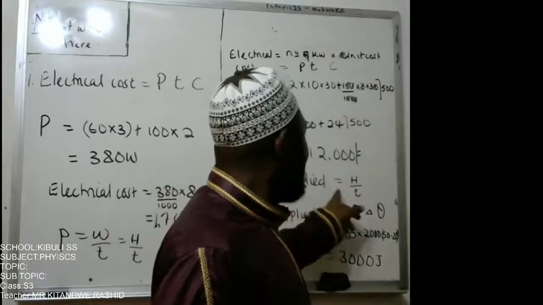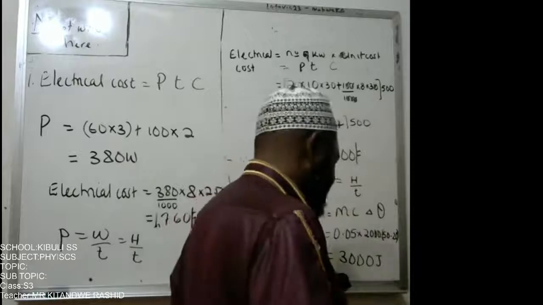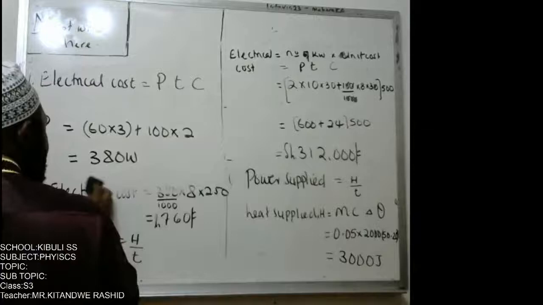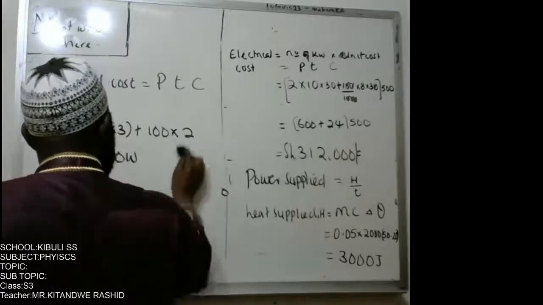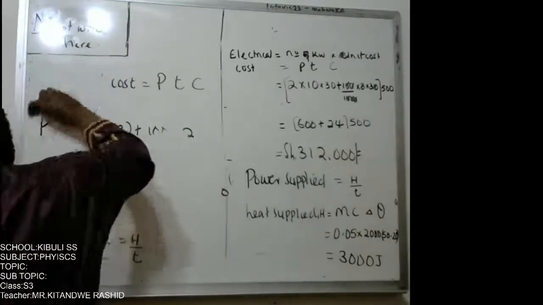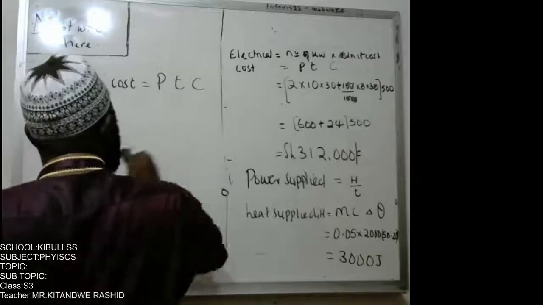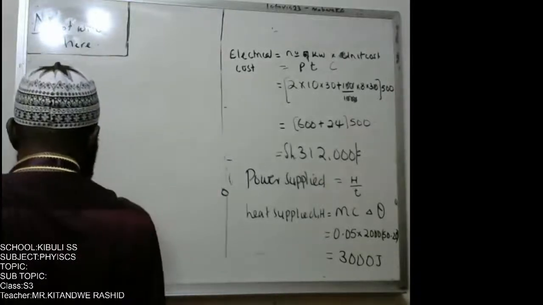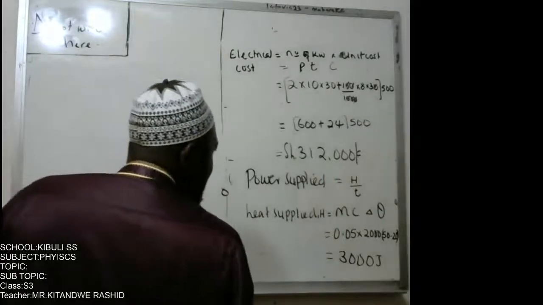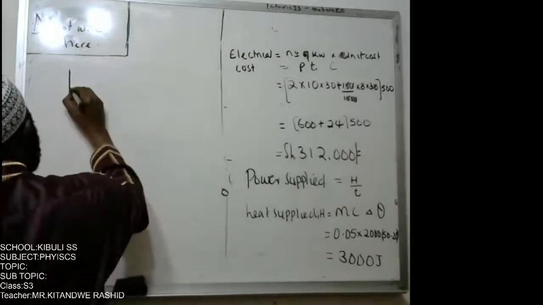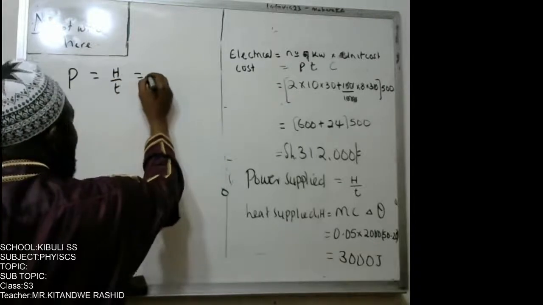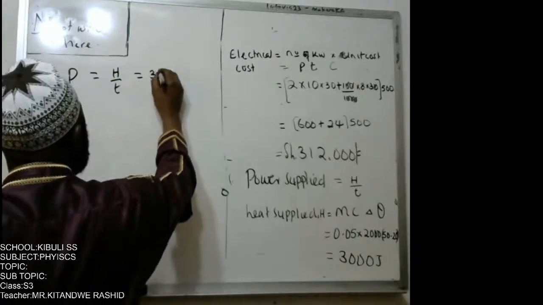So you can now get the power supplied. Power, electrical power P, is now going to be equal to H over T, that is 3000.